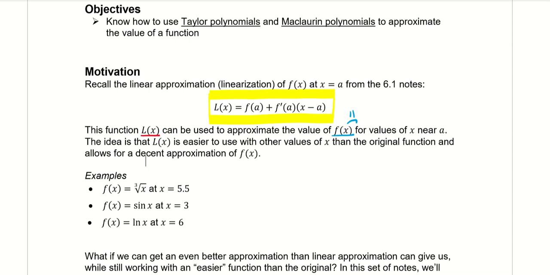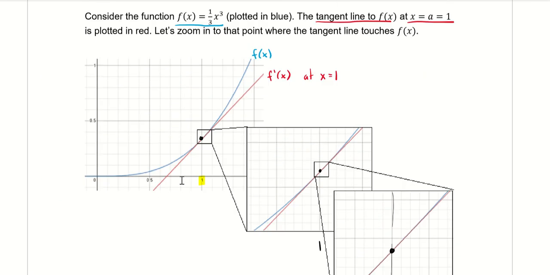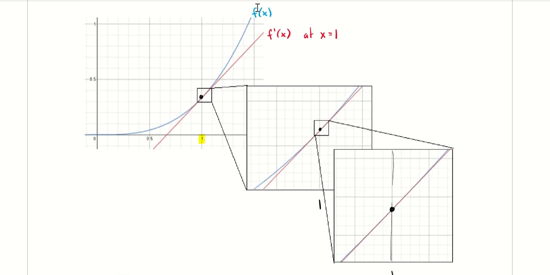So just to kind of bring back what we were just doing here, the whole idea here, this was page 2 from our 6.1 notes, is that here we have some function f of x, and at some point that we care about, or some point that's relatively easy to work with in terms of plugging it into things, we can talk about the line tangent to the function at that point. So we've got this straight line, and we've got the slope of this straight line, the slope of the tangent line, f prime of x.